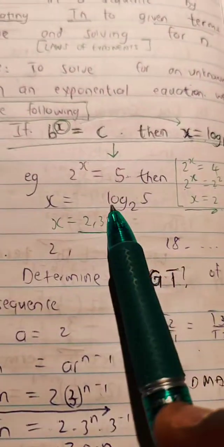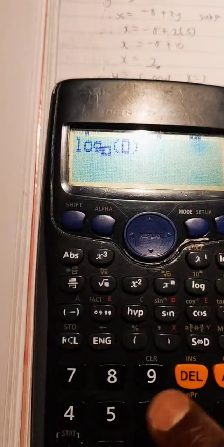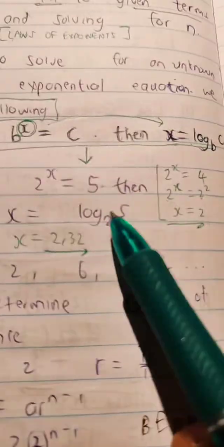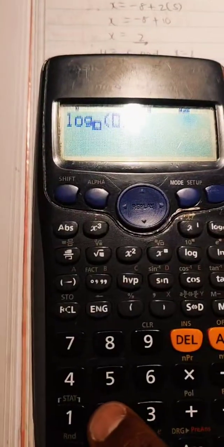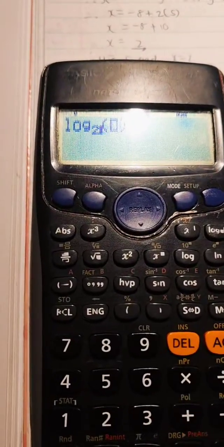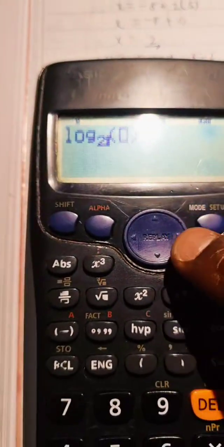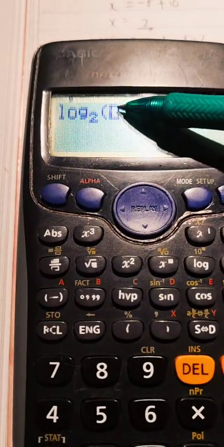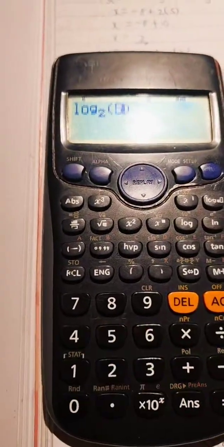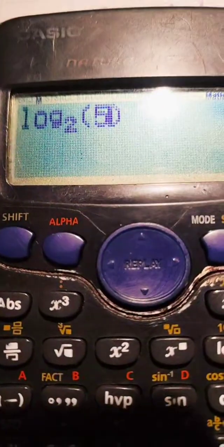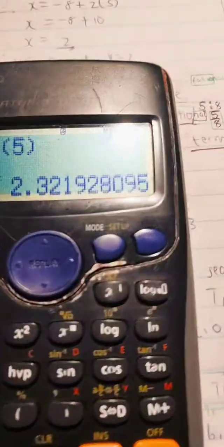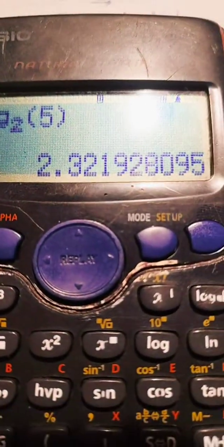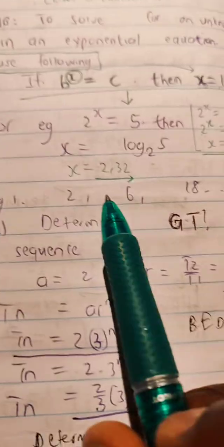We press 2 for the base, then move our cursor to the right to select the other box. We substitute 5 there, press equal, and the answer for x is 2,32.